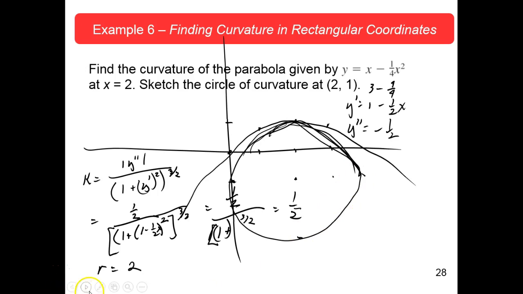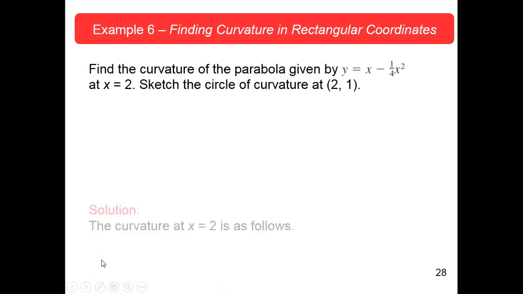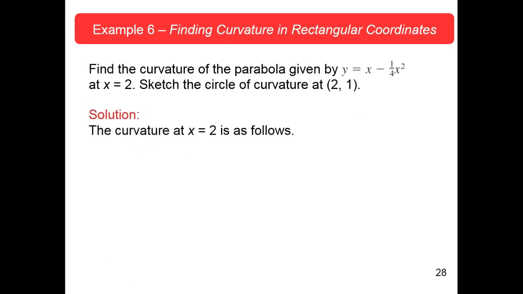Let's see. Okay. Curvature at 2 is as follows. First, your y prime is 1 minus x/2, just like y'all got. Okay. Then y double prime was minus 1/2, just like you got.